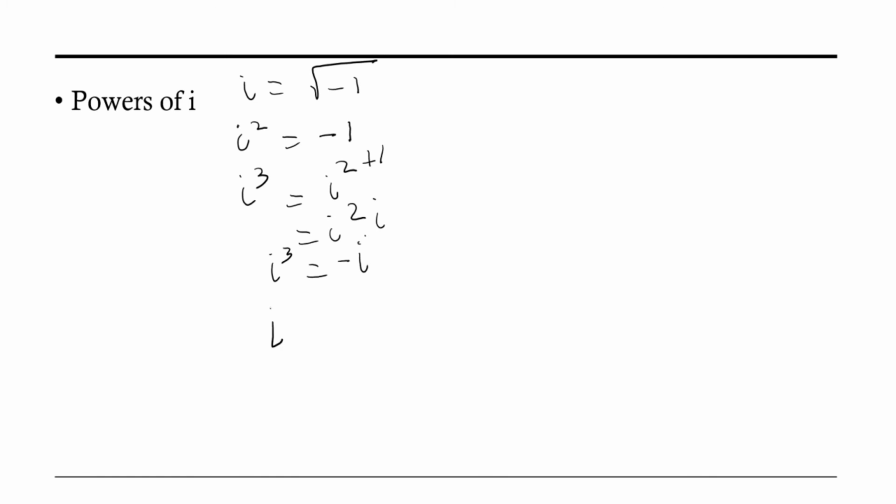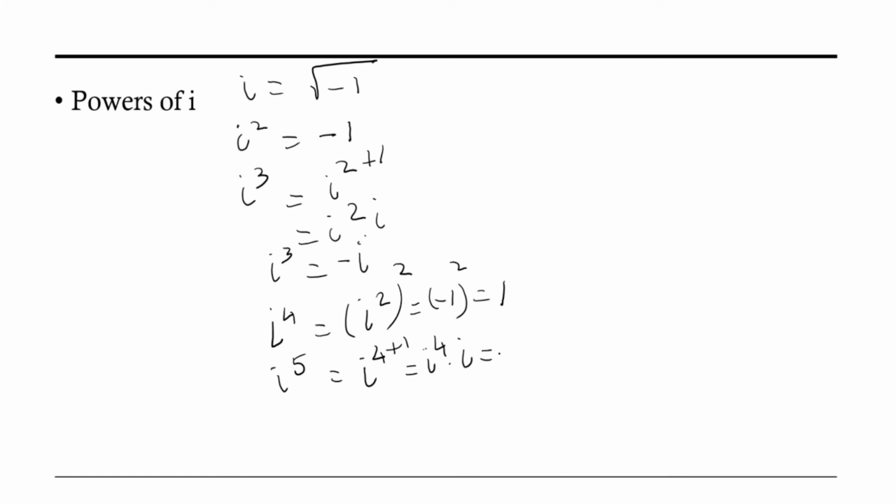Next, we have i⁴. I can write i⁴ as (i²)², it is (−1)², and it is 1. Next, we have i⁵. We can write i⁵ as i⁴ + 1, it is i⁴ into i. i⁴ is 1, so i⁵ is i.